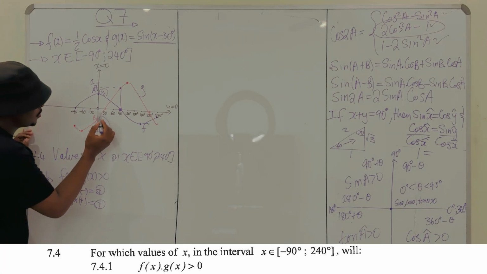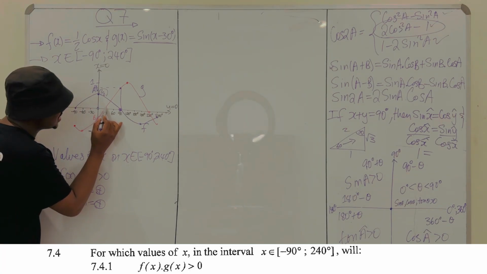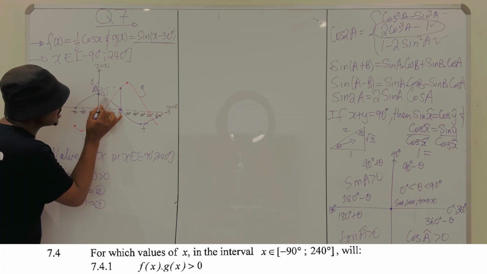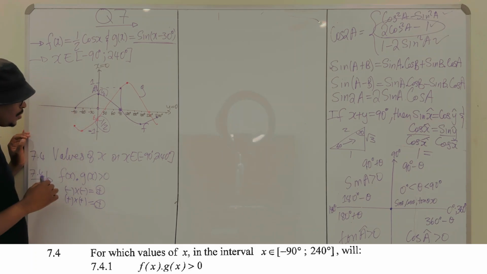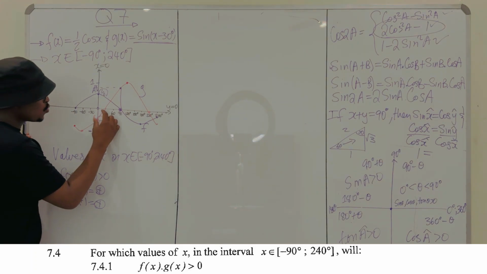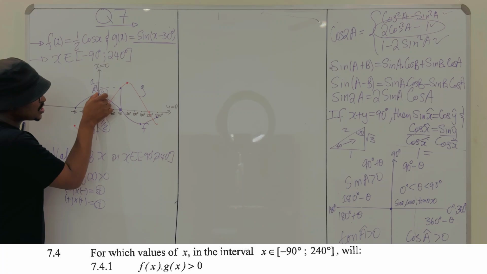Look now, from 0 to 30 degrees, you can see that the red function is negative. From 0 to 30 degrees, the purple function is positive. Right? No problem. But we don't want this, because this one is negative, the red function, and the purple one is positive up there.